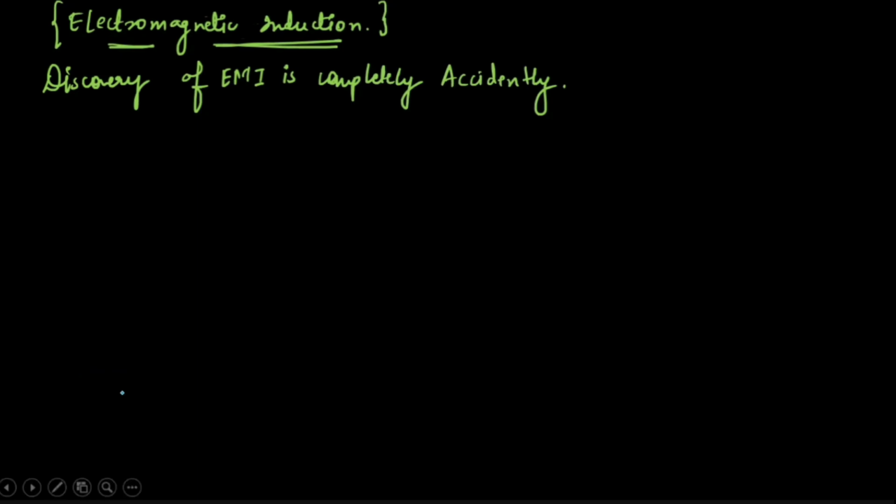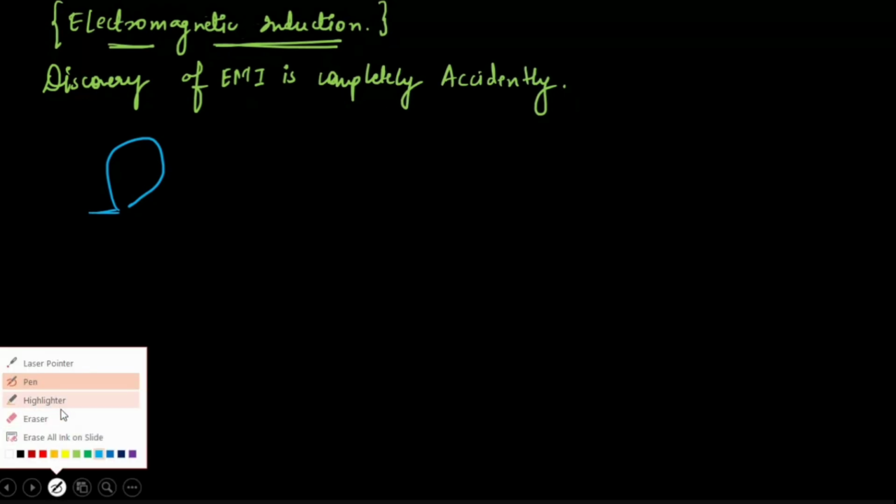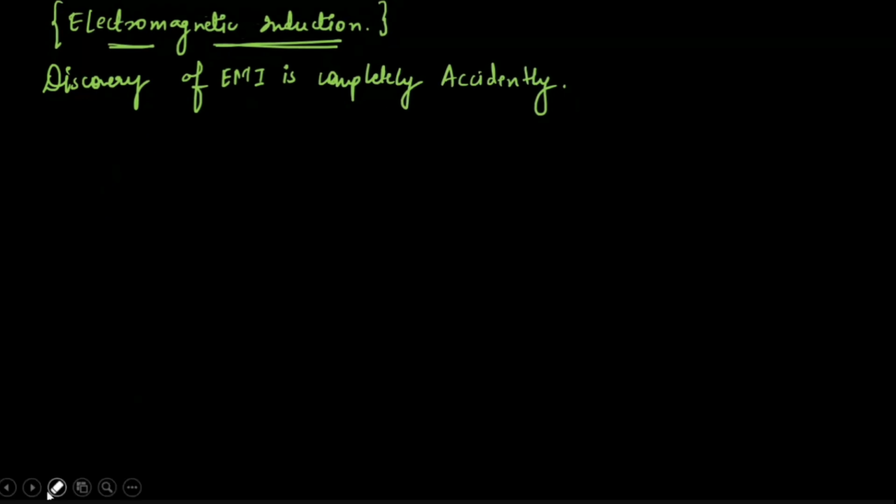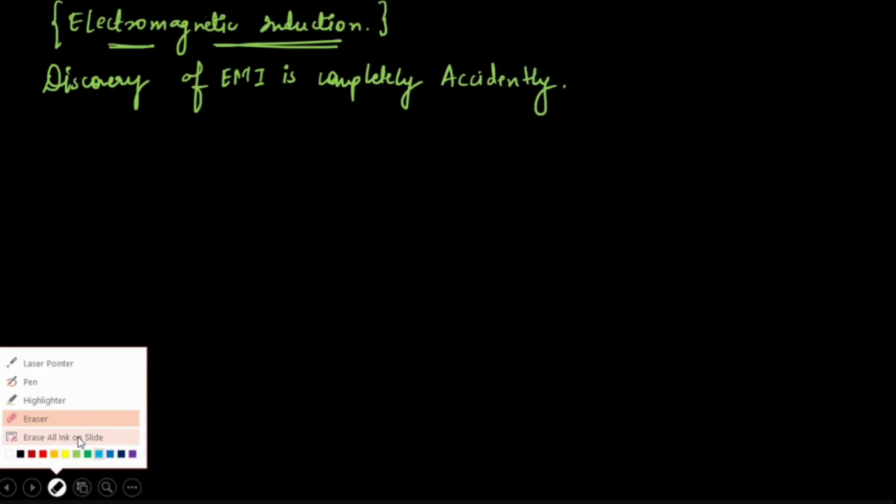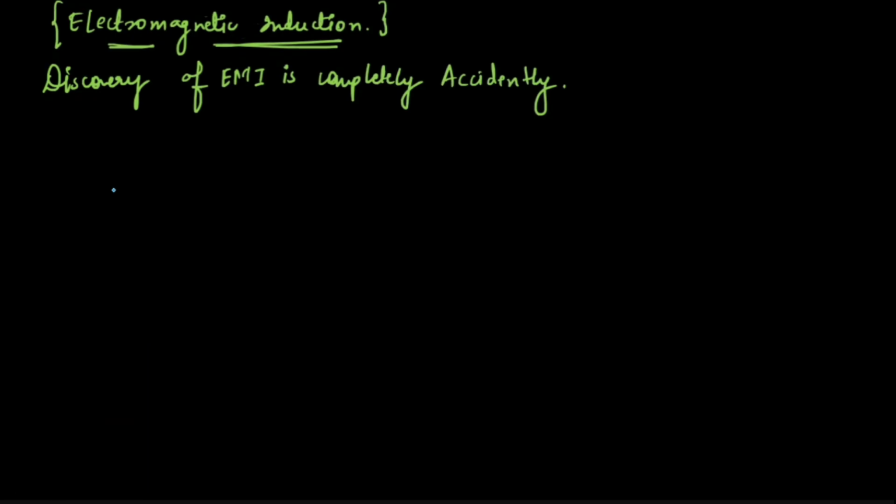So, in order to understand it, let us see some experiments. For example, suppose this is a coil. Let me try to draw a coil. This coil is connected to a galvanometer.